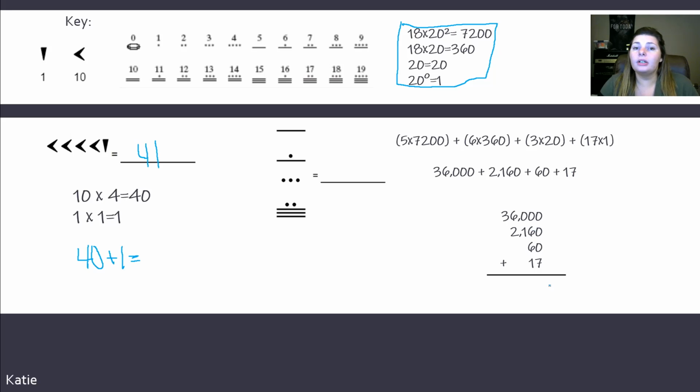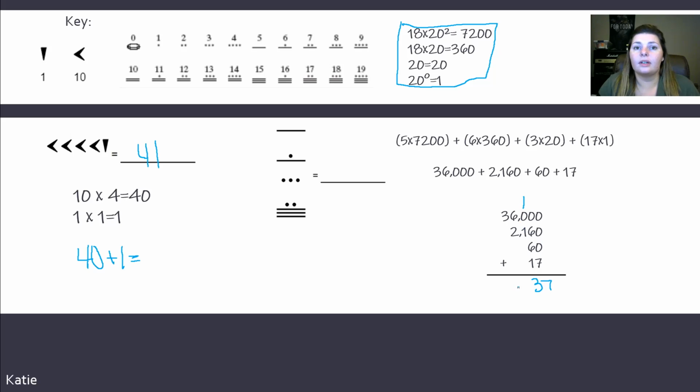And then all we're going to do, I know that looks kind of scary, is just maybe line them up here like this. It always helps me to see it up and down versus side to side. It helps me keep those numbers in columns to help me add them together. So I have 7, 6 and 6 is 12, plus 1 is 13. Of course, we're going to carry our 1.